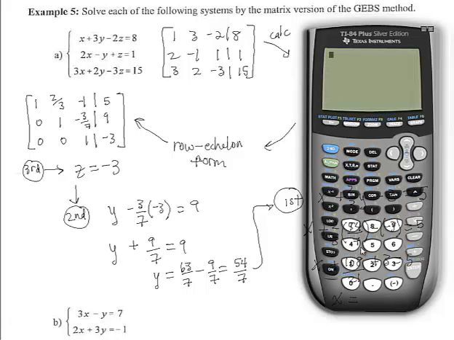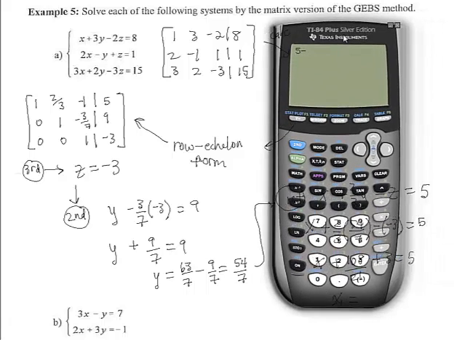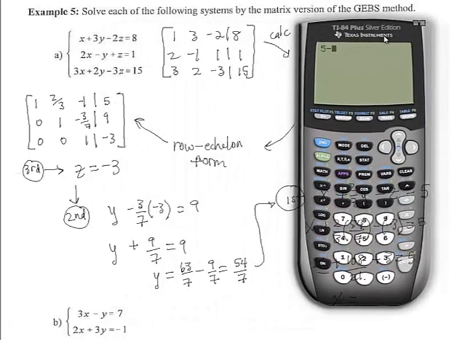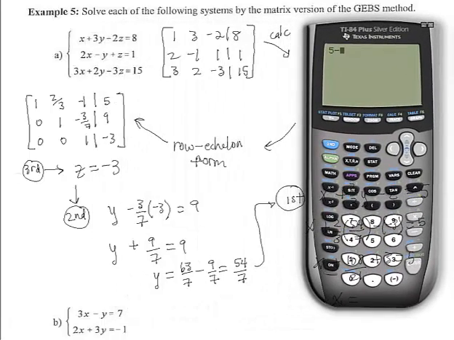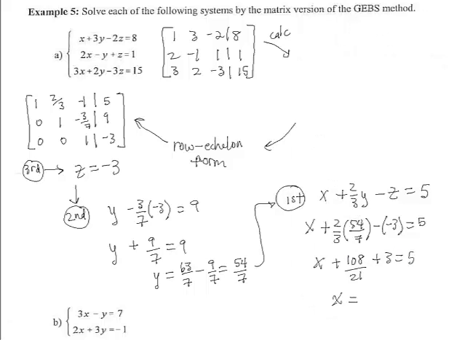Okay, so let's see, 5 minus 108 over 21, I can't get to my calculator because there's writing over the top of it. Let's see if I can erase some of this stuff.